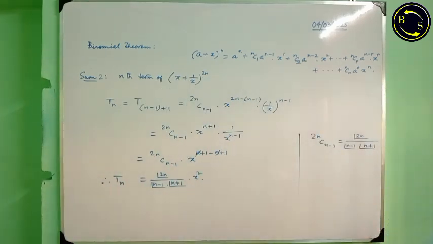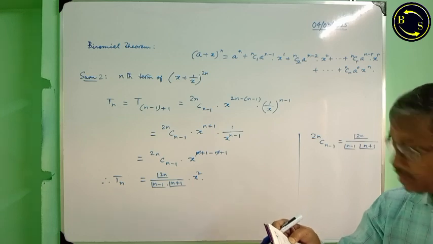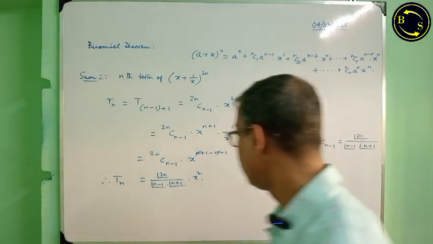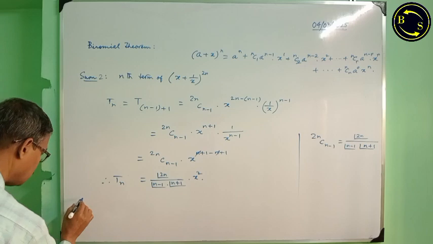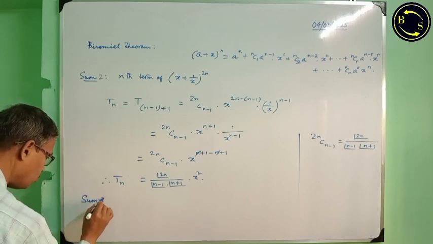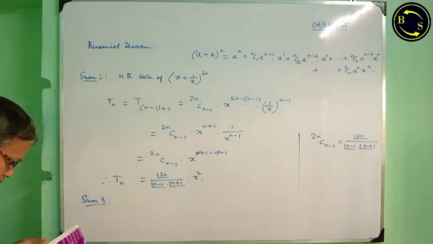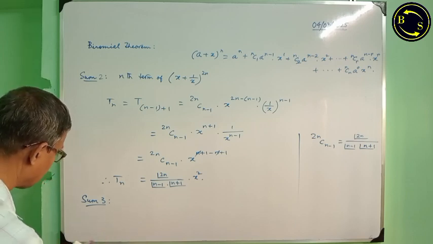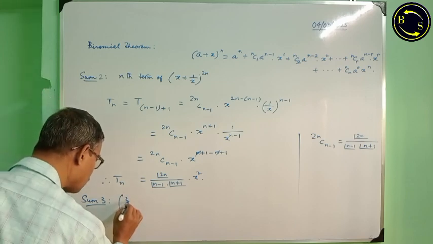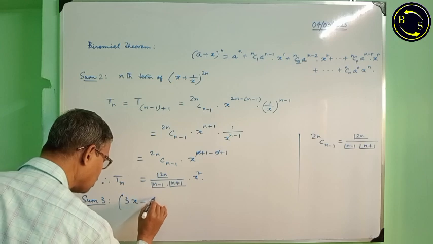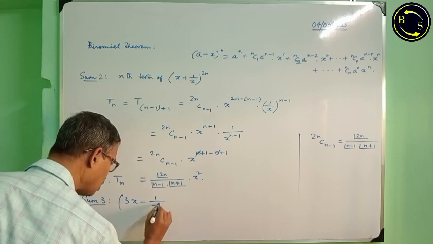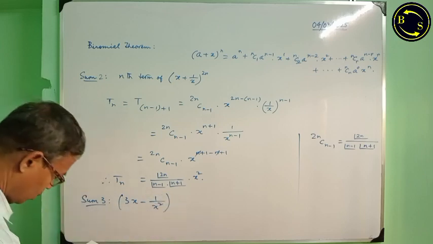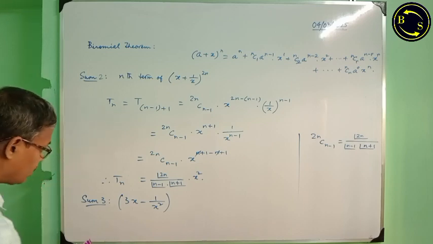Next sum, we have to find the fifth term from the end. I write that here. Sum: 3x minus 1 by x square, 3x minus 1 by x square whole to the power 10.